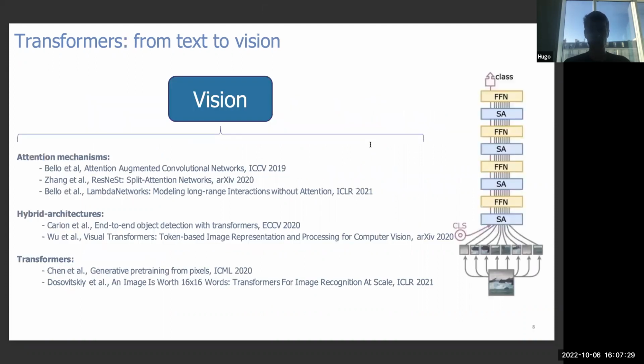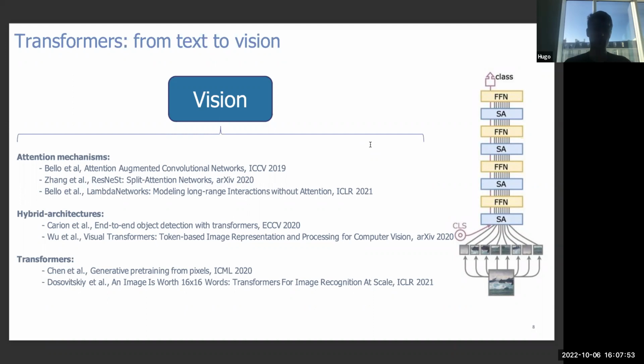Before the Dosovitskiy paper, there were some few attempts to incorporate some transformer components in convolutional neural networks. So some people tried to incorporate some attention mechanism. For instance, this is the case in the ResNeSt paper. Some people tried to use hybrid architectures with ConvNet and transformer.